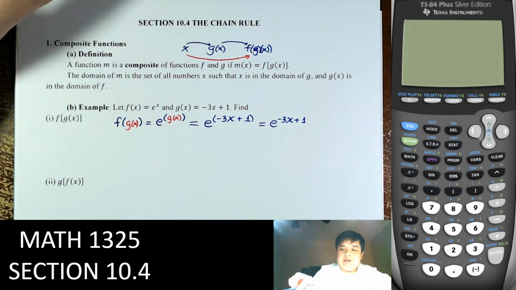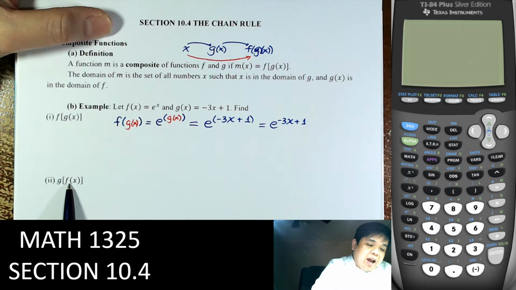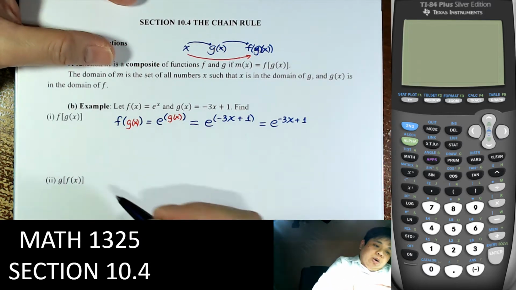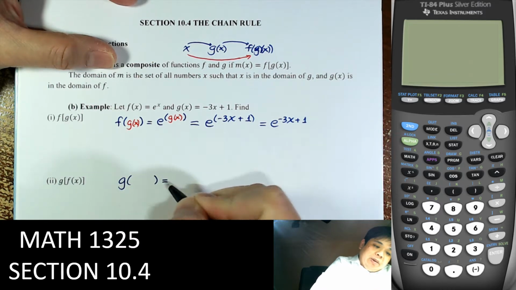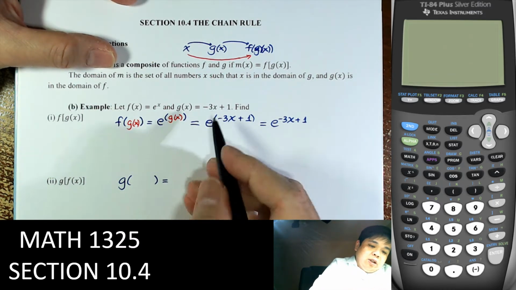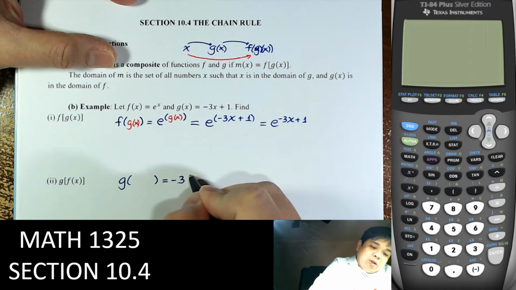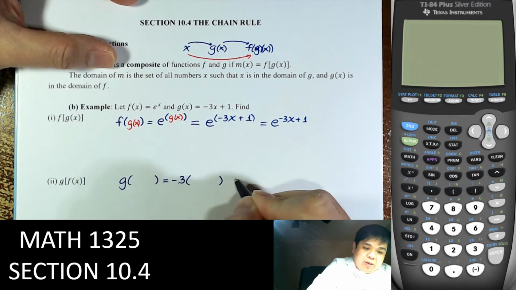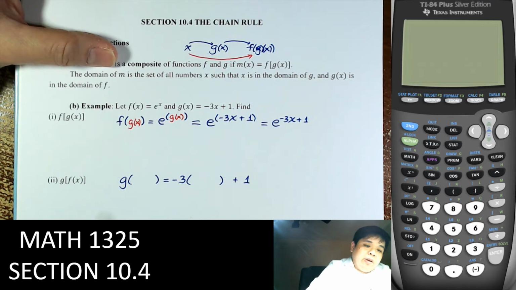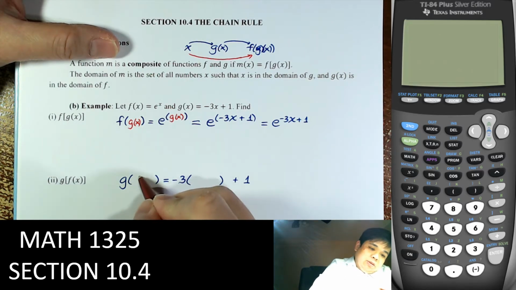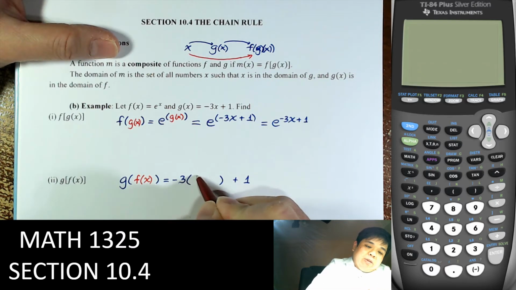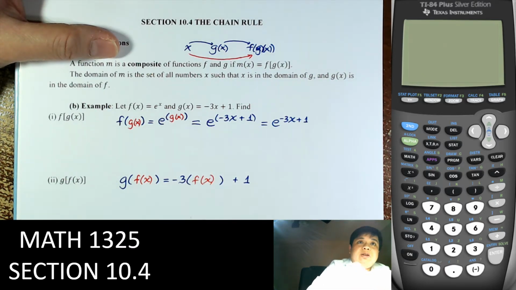So simple enough. Now we have g of f of x. The function g is this, so I will write the function g. Instead of writing x, just keep a space, and then have negative 3 times the parentheses, then plus 1. Now we put f of x in this parentheses as well.